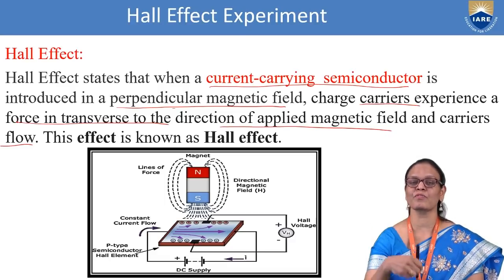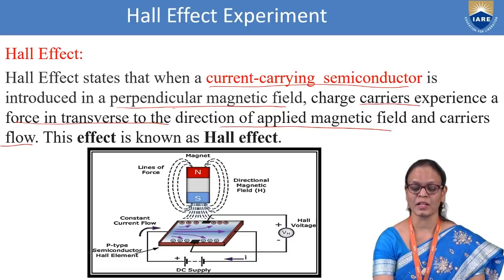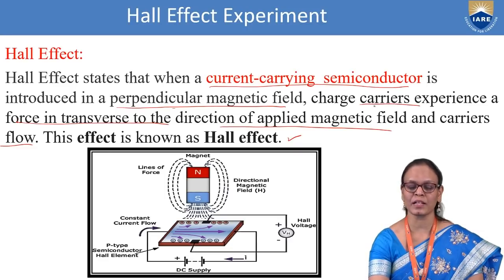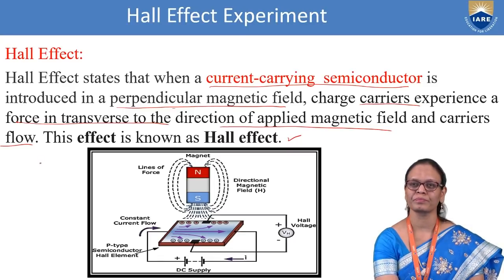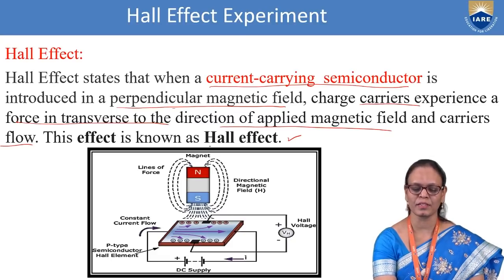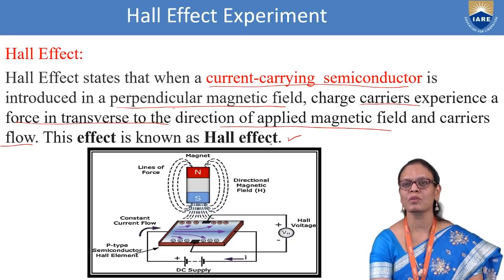They experience a force along the y direction, and this effect we call the Hall effect. So, when a current carrying semiconductor is introduced in a perpendicular magnetic field, the charge carriers experience a force transverse to the direction of the applied field and the current flow. Means all the 3 are mutually perpendicular to each other. This effect is known as the Hall effect.